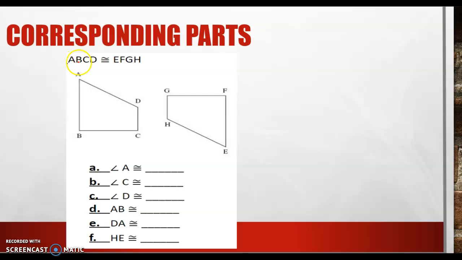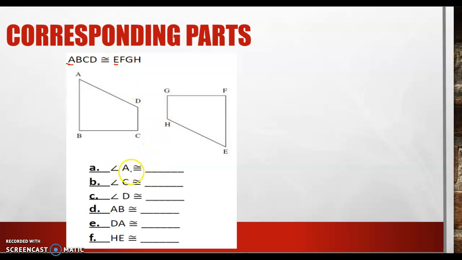Now we also write things called congruence statements. So here I have ABCD is congruent to EFGH. And it's very important in the way we write these because when we write them, they are in the same order where the corresponding parts are. So I know that angle A, since it is my first letter written, is congruent to my first letter written in the other figure.